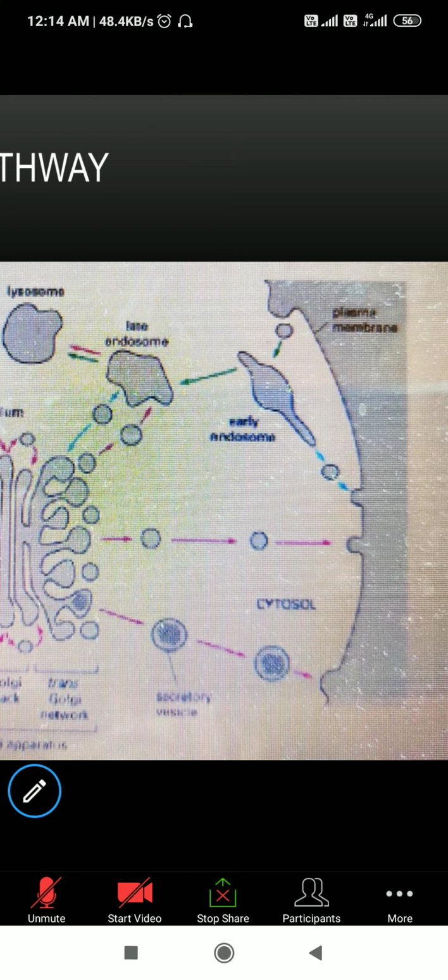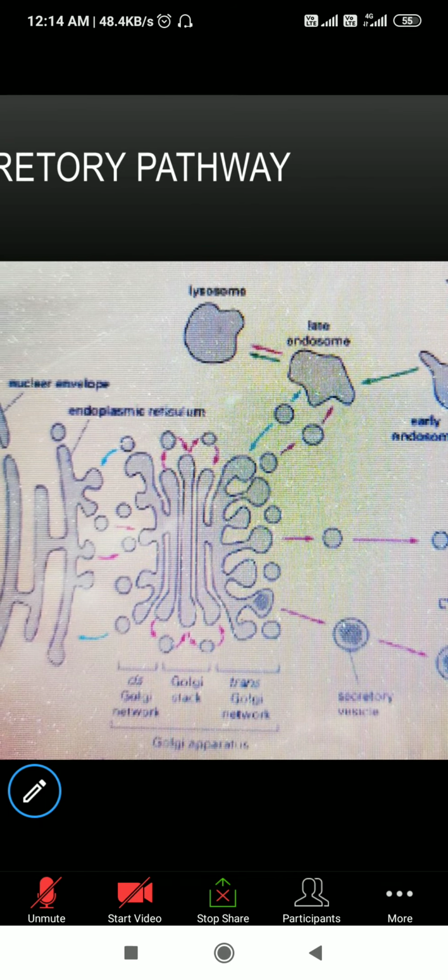KDEL and KKXX signals do not prevent soluble endoplasmic reticulum proteins from being packed into vesicles and carried to the Golgi bodies.